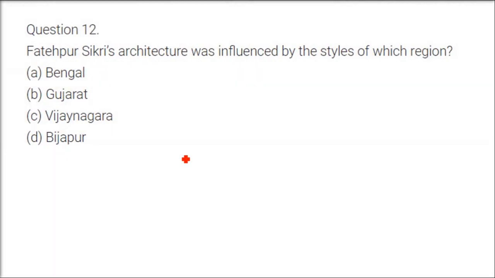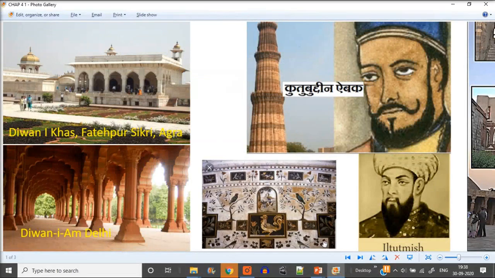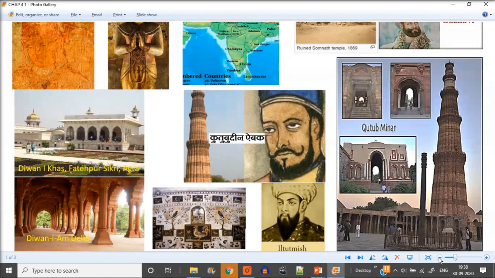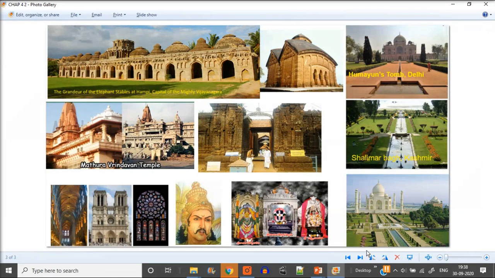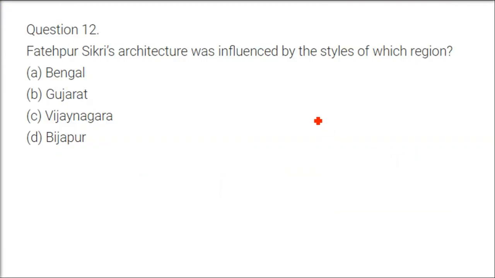Fatehpur Sikri architecture was influenced by the styles of which region? I don't have a picture, but you can see the Diwan-e-Aam kind of structure. I'll just draw it also. This structure, Diwan-e-Aam, has come from Gujarat. How? If these are the pillars supporting, the supporting is this kind of rock.